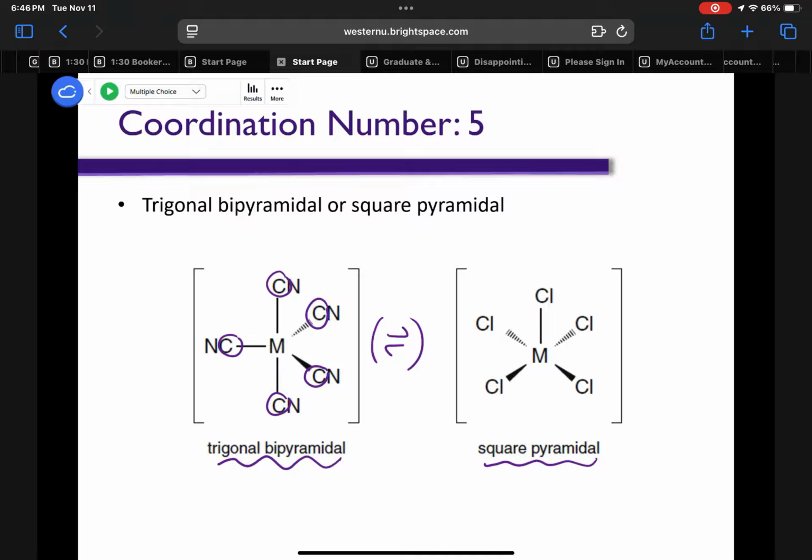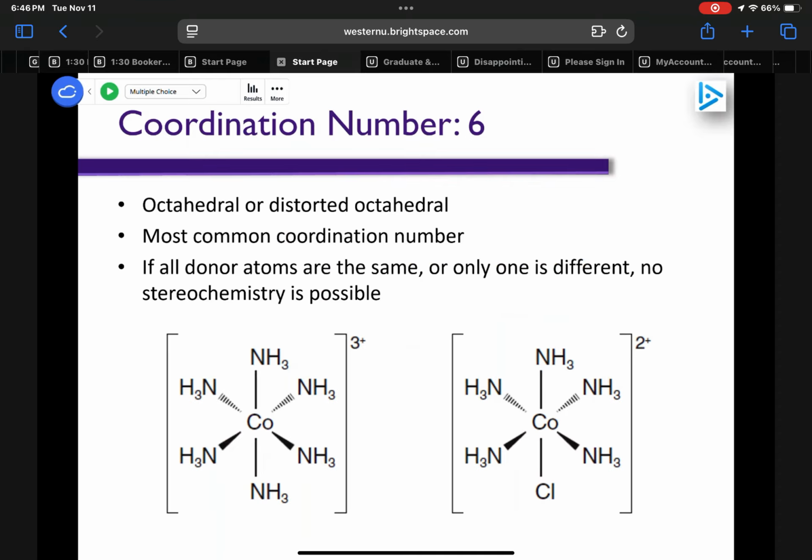Okay, and now we get on to coordination number 6, and this is the most common transition metal complex arrangement. This is when we have 6 donor atoms, and then we end up with some interesting isomers in this case. So if all the ligands are the same, for example, if we had amine, amine, amine, amine, amine, amine, well, we're not going to have an isomer for that.